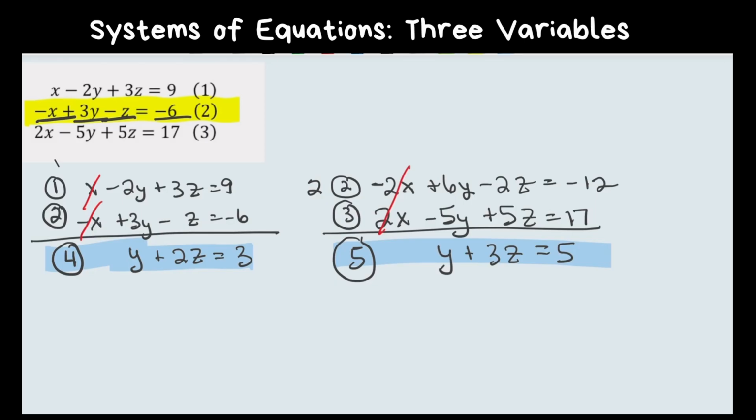And it becomes like the previous section where there's 2 variables and you need to eliminate. So this time I'm going to use equation 4 and 5, and I'm going to eliminate either y or z. I think I'm going to eliminate y, so I'm going to multiply equation 4 by a -1. Negative y minus 2z equals -3. 5 I'm not going to change.